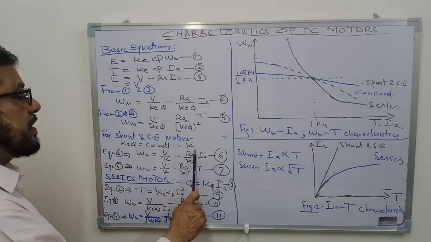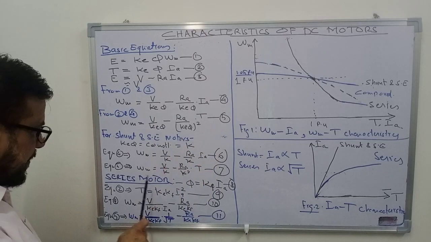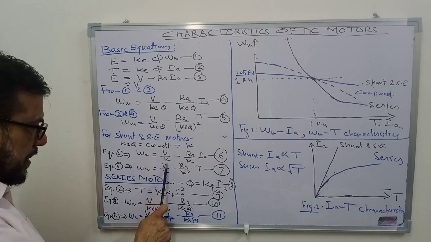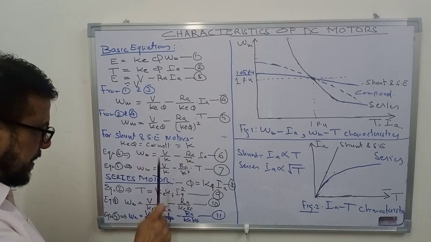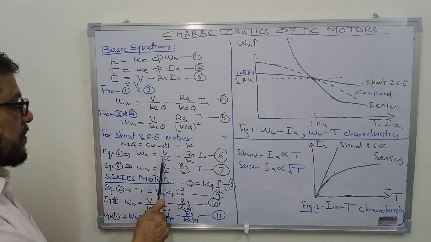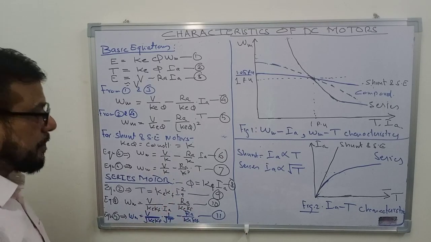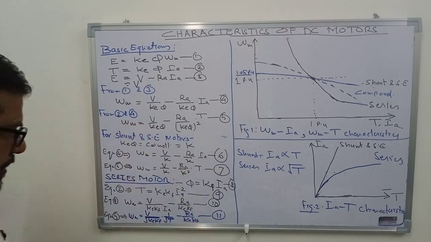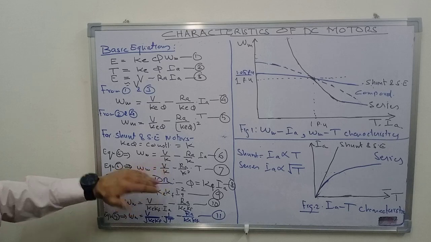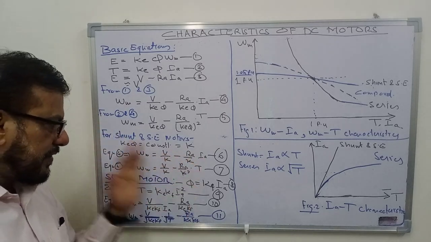Let us give it the name constant K. So equations 4 and 5 become omega m equal to V upon K minus Ra upon K into Ia, and omega m equal to V upon K minus Ra upon K square into torque T. These are equations 6 and 7. Using these equations you can plot speed versus current or speed versus torque characteristics.